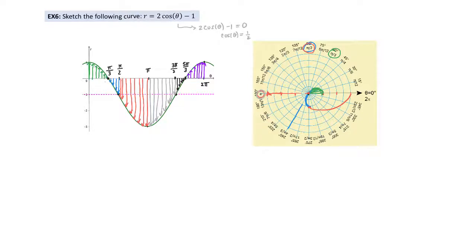So here is pi, here is 3 pi over 2. Let me also, before I begin, erase this blue part here. So we said from 3, imagine the ray right here, we're going to be going all the way to 1. So where is 1?